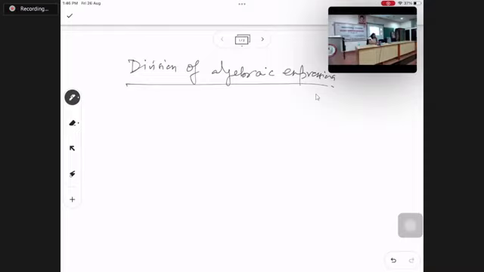Now, if suppose we have that you divide 8x cube plus 3x square plus 2x plus 4 by x minus 2. Now, first thing is, you have to write the coefficient of each term in the polynomial. If some term is missing, then you have to write 0. If suppose here x square term is missing, you put a 0.